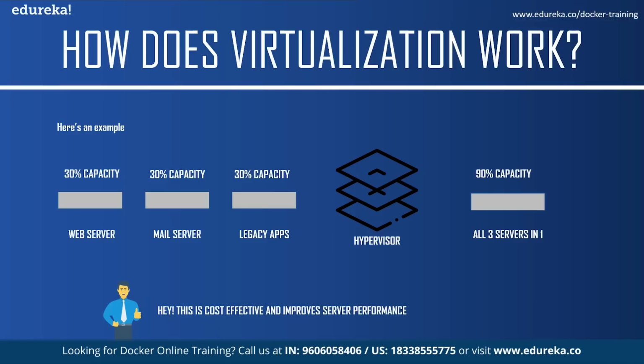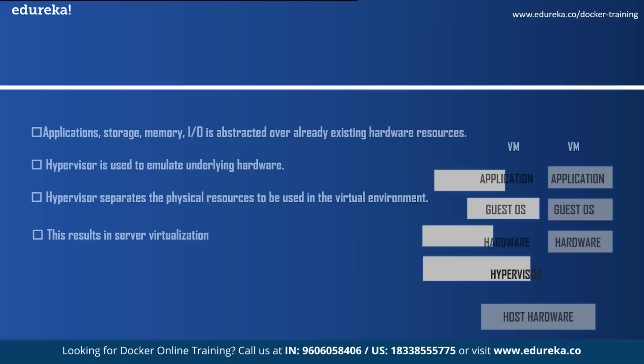So once you have a hypervisor on these three servers running at 30% capacity, and once you virtualize these, you can see that the legacy app, the mail server, and the web server will act as one server working at 90% capacity. That means you save a lot of money on servers. You increase the efficiency of the server, and that is why you increase business agility. So this is what a hypervisor is.